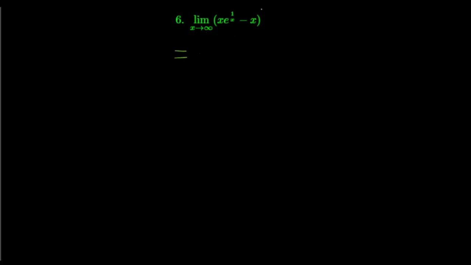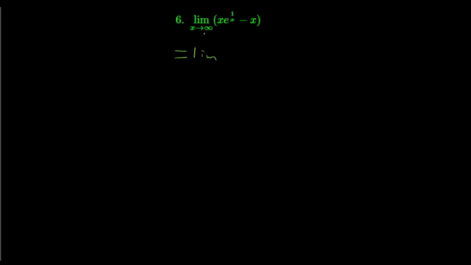Basically, the idea is to rewrite the limit as the limit of a quotient. In some cases, there's more than one way to convert the limit to a quotient. Maybe some ways will not work, but some way will work. You don't have to get it right the first time. You can try. Now let's try something first.